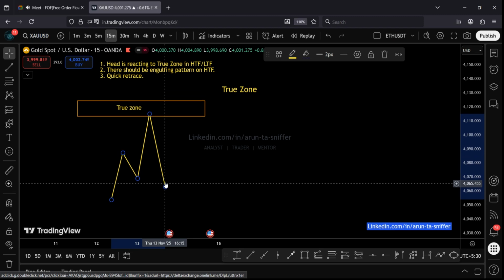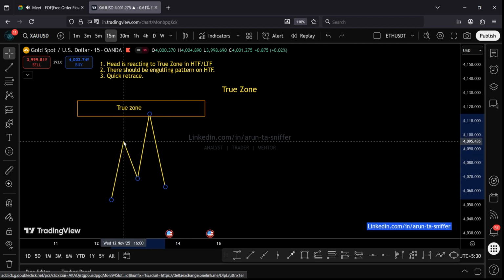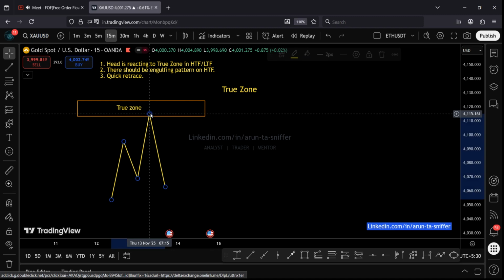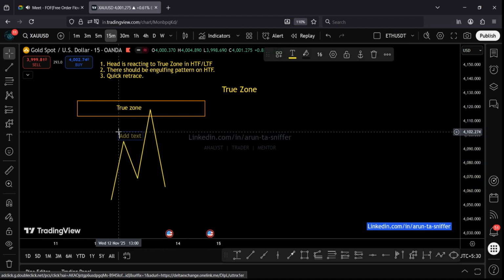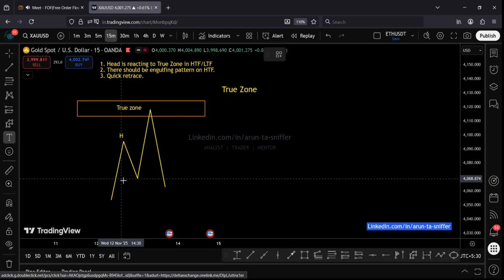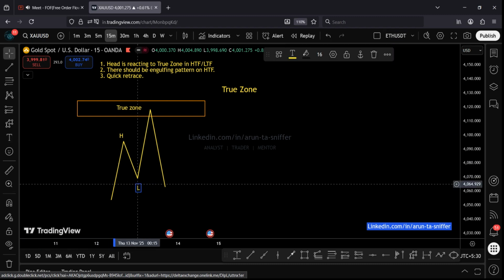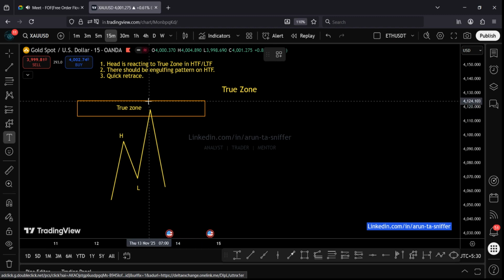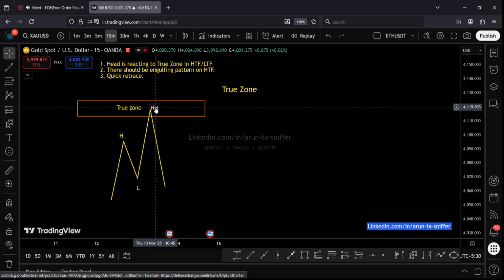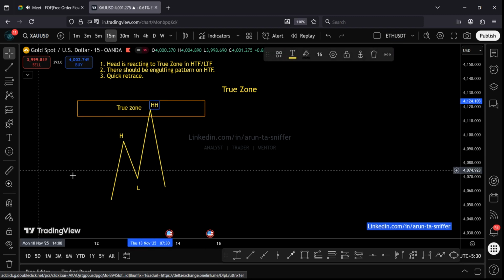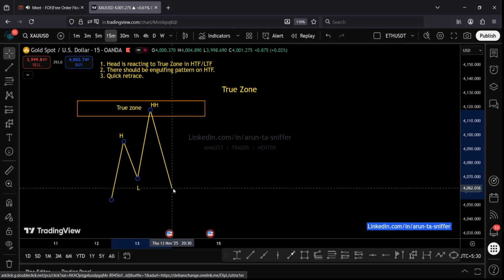And like this. The higher high is here. This is high, low, higher high, higher high, and this is the lower low.